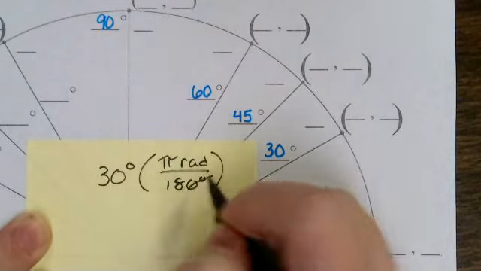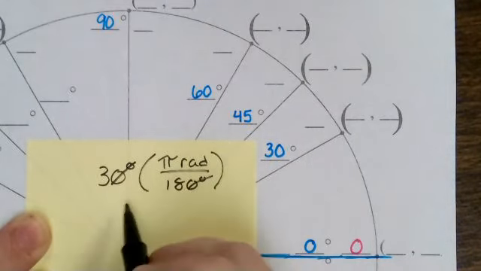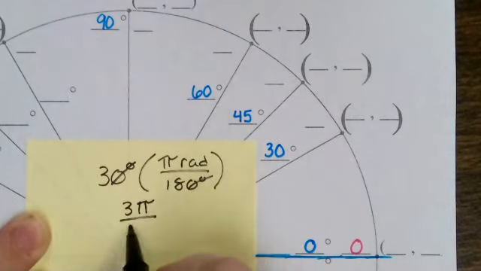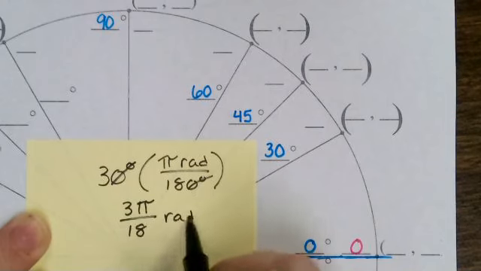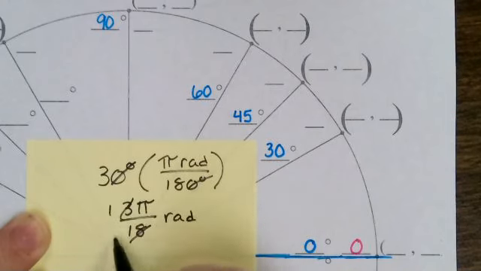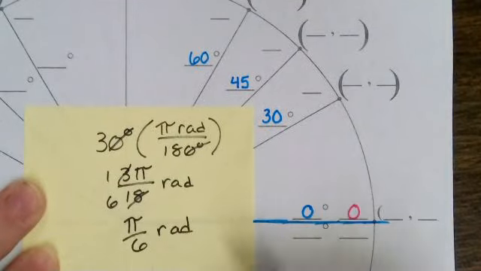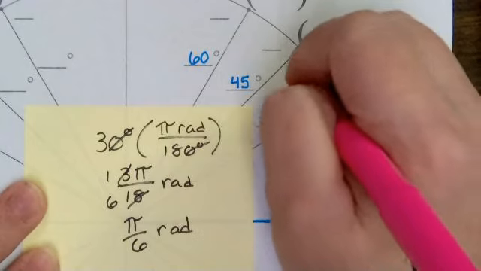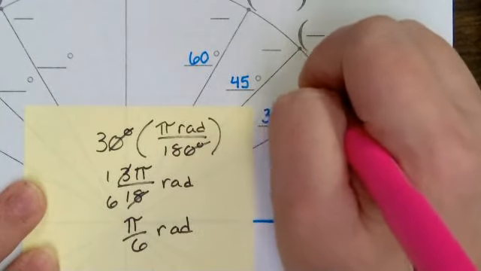We end up canceling this out. We get 3 pi over 18. This reduces some more, and so we get pi over 6 radians. So 30 degrees in radian form is actually pi over 6.